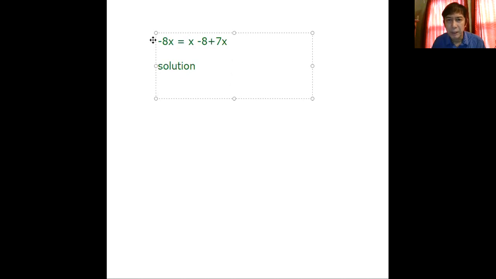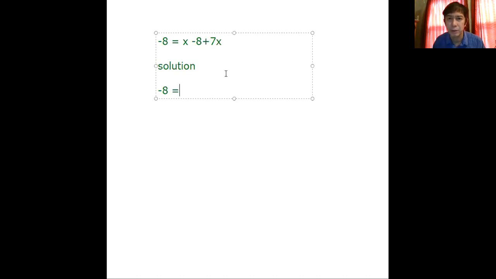All right, we're going to combine like terms. We're going to combine the like terms first. So this will be starting with x terms. We have at the right side 1x and 7x.